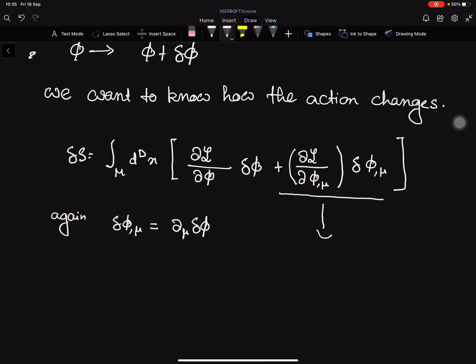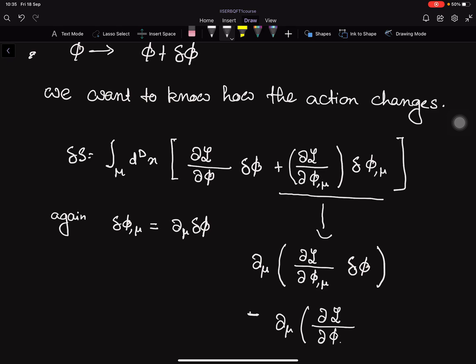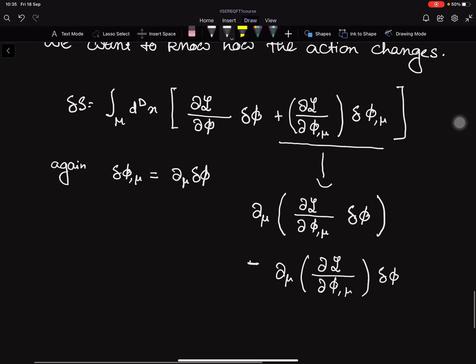We write this term as del_mu of the derivative of the Lagrangian density with respect to phi_mu times delta phi, minus del_mu of the derivative of the Lagrangian density with respect to phi_mu, and then delta phi. Okay, so this term just becomes this.